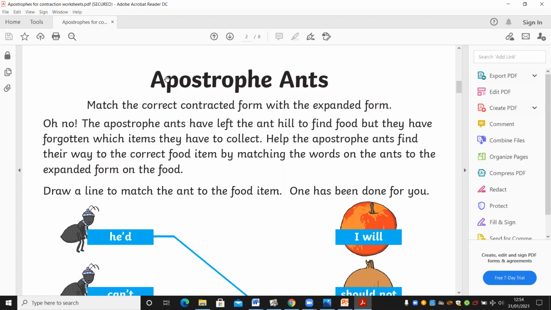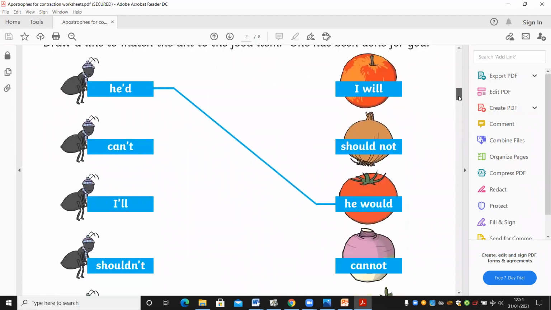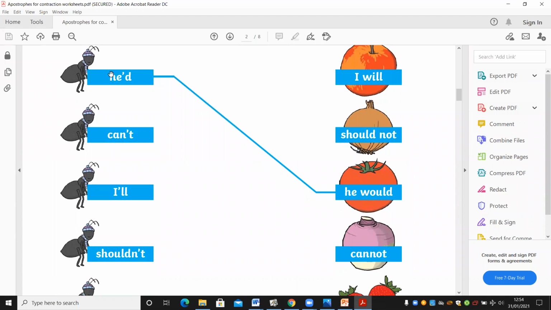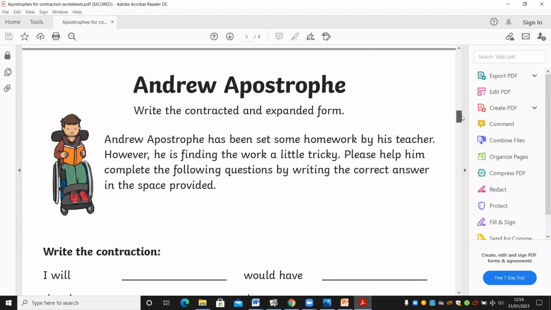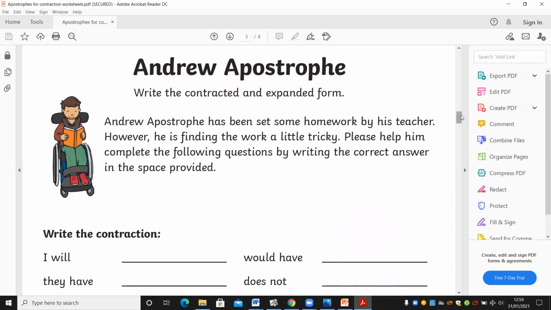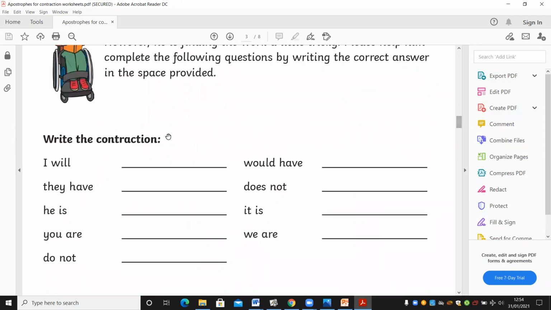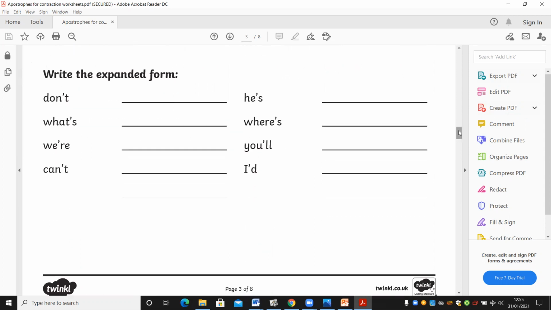Okay, children, so let's have a look. The first activity is called Apostrophe Ands, and it's very, very simple because all you need to do is match up the contraction with the expanded form of the words. The second activity is called Andrew Apostrophe. In this activity, you have 2 little tasks. You either need to write the contraction from the expanded form of the words, or the other way around, you are given the contraction and then you have to write the expanded form of the words.